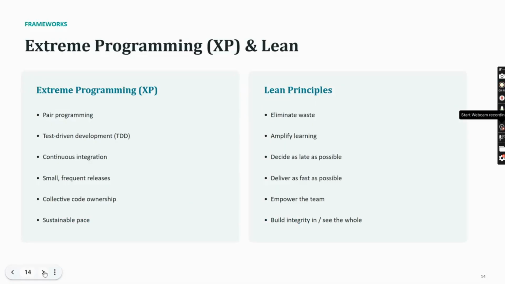Extreme programming is nothing but pair programming, where the engineers themselves will pair together and work collaboratively. Also test driven development, continuous integration, small and frequent releases, collective code ownership and sustainable pace. Then lean principles: eliminate waste, amplify learning, decide as late as possible, deliver as fast as possible, empower the team, build integrity in, see the whole. Lean principles' basic thing is to eliminate waste.